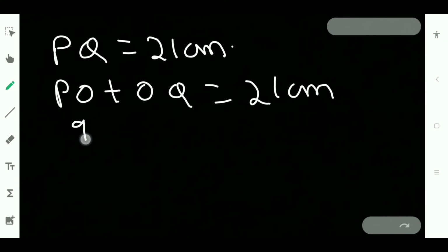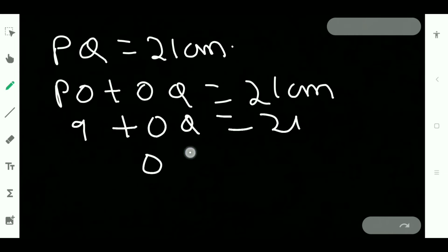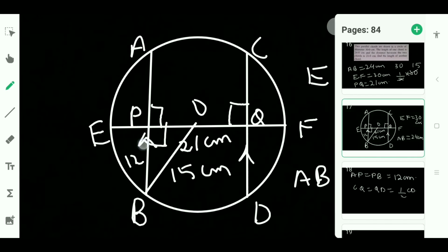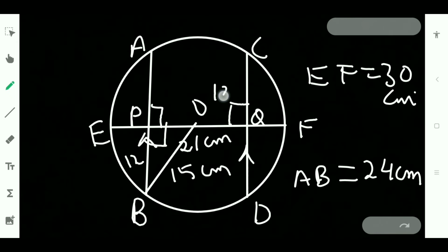Now let us write 9 plus OQ is equal to 21. OQ is equal to 21 minus 9, which is equal to 12 centimeter. So OP is equal to 9 centimeter, OQ is equal to 12 centimeter.